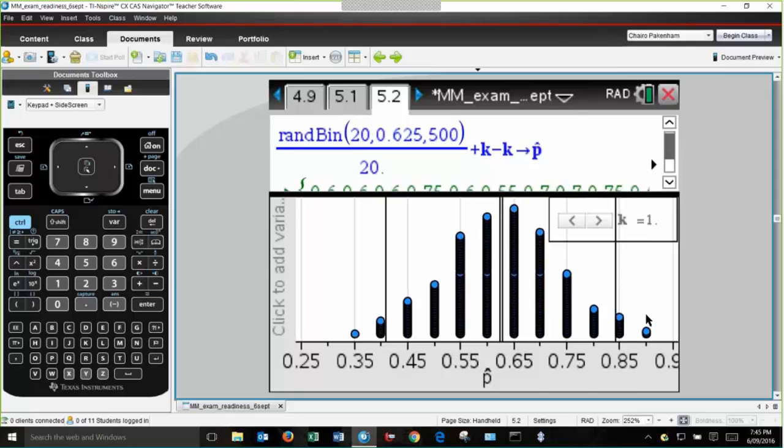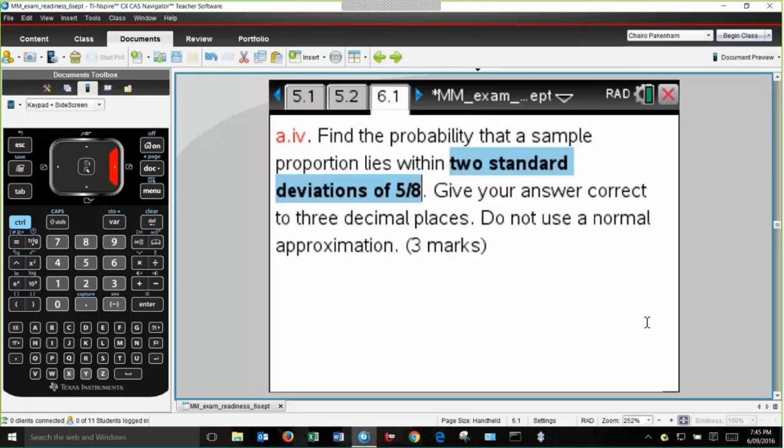Okay, so find the probability that a sample proportion lies within 2 standard deviations of 5/8. Give the answer correct to 3 decimal places. Don't use a normal approximation. So this time we want 5/8 plus or minus 2 standard deviations.